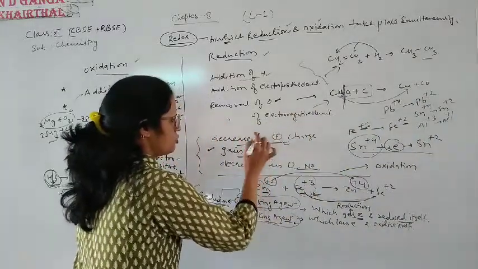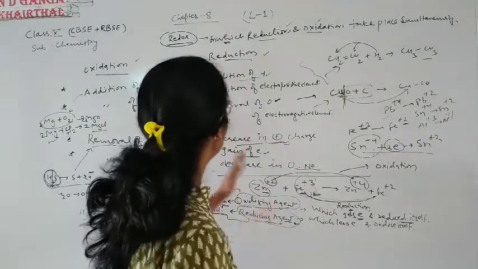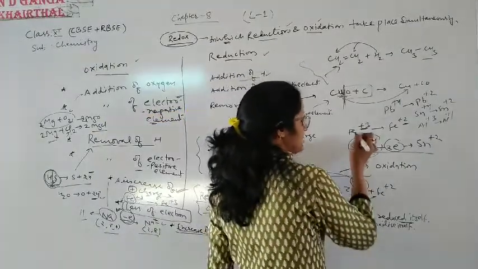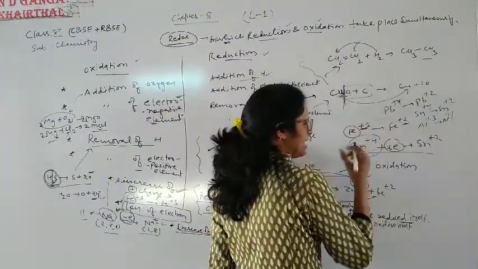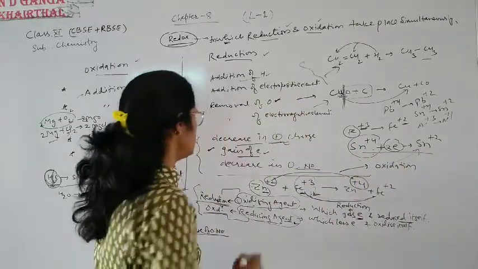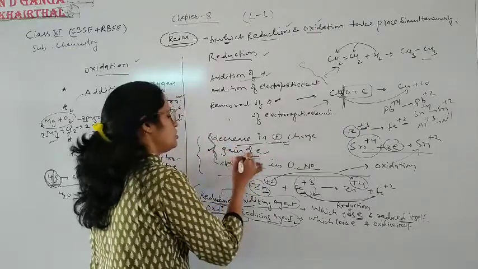So it is reduction. Decrease in positive charge means these species gain electrons and convert into a less positive charge. So gain of electron.